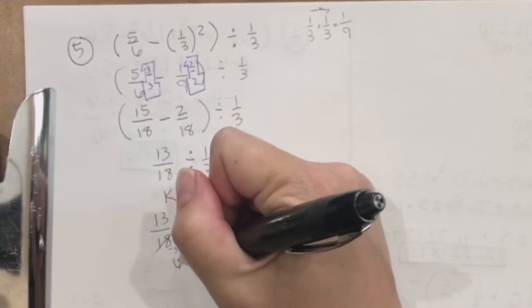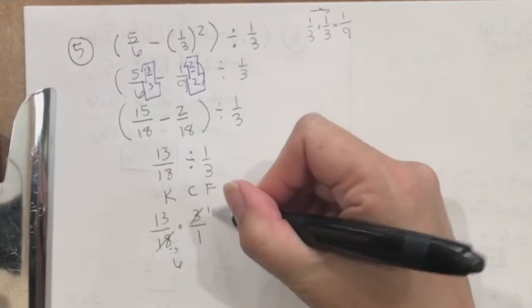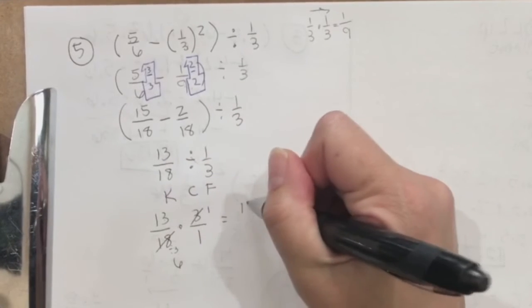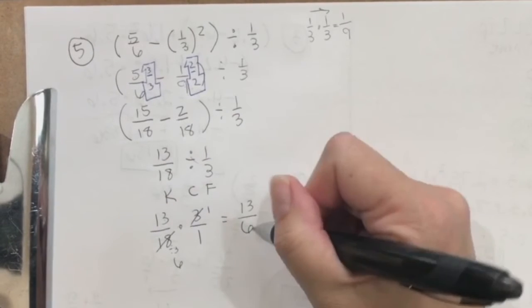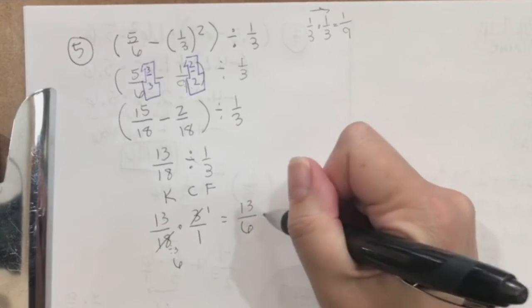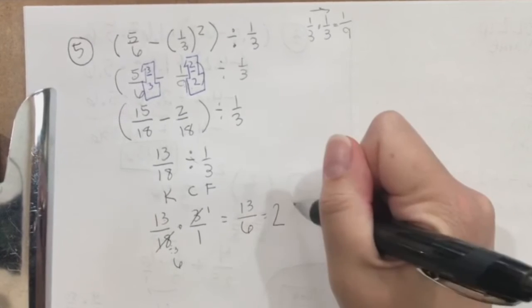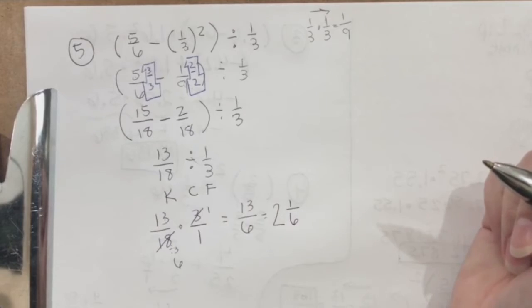So now we have 13/6 basically times a giant 1, 1/1. So this is going to equal 13/6. And now we can simplify that. 6 times 2 is 12. So we'll take out 2 6s and we'll be left with 1 left over. 2 1/6.